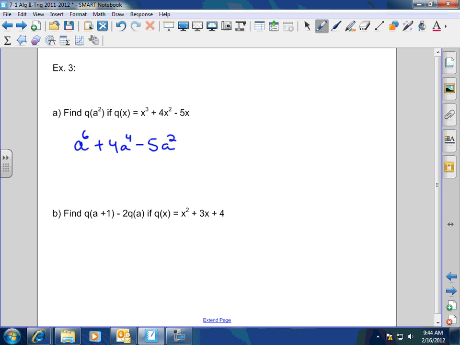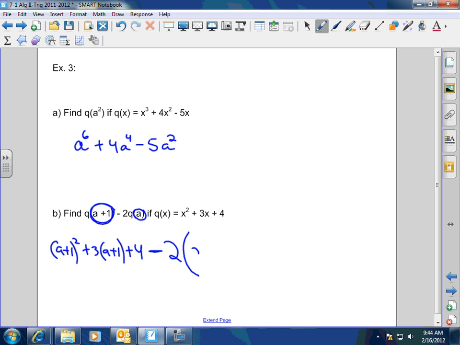Good. Okay, now let's do q of a plus 1 minus 2q of a. Okay, so what am I replacing the x with? Okay, so it's a plus 1 squared plus 3 times a plus 1 plus 4 minus 2 times the function q where I'm replacing x's with a's.